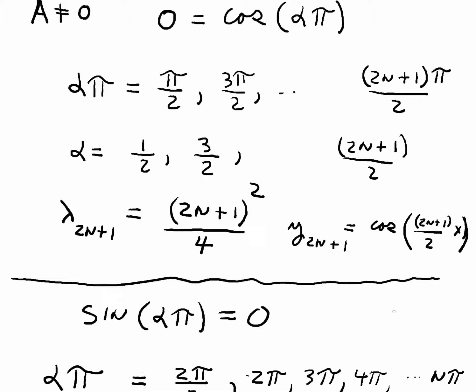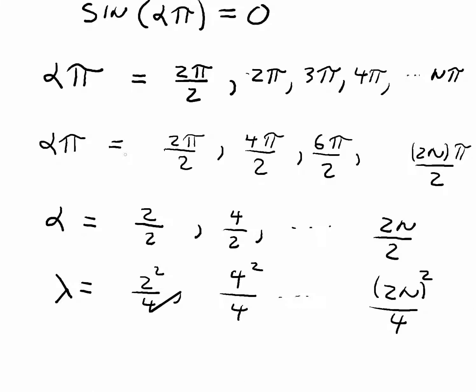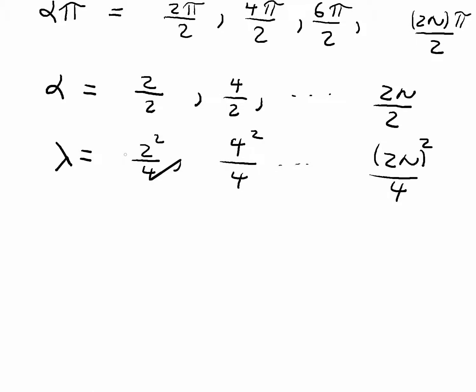So in this case, when we choose for the system of equations A to be 0 and B to be non-zero, we get the eigenvalues. Here we go. Lambda sub 2n, in other words, the even eigenvalues, are given by (2n) squared divided by 4, a very unusual way of writing it.